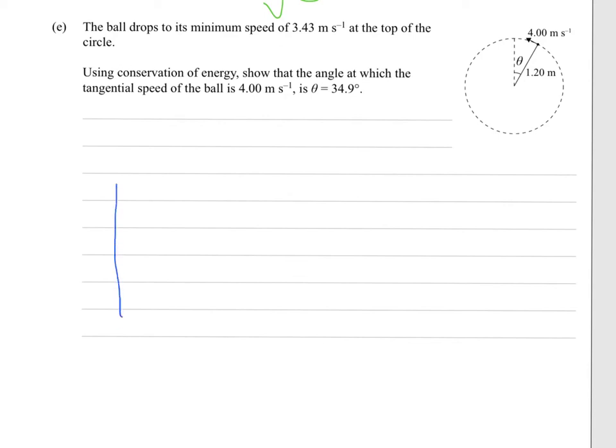We've got that's the 1.20 metre radius. We've got our right angle here, and we are trying to find theta. To get to theta, we really need to know this side length here.